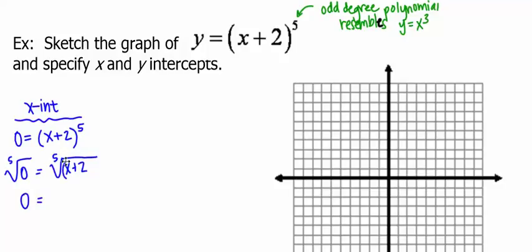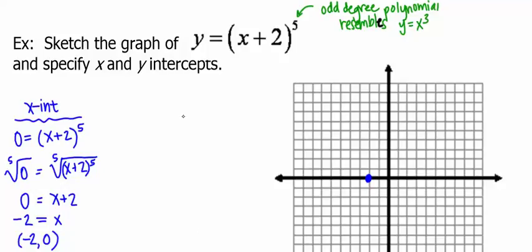The 5th root of x plus 2 to the 5th is just x plus 2. If I take the 5th root of one side of the equation, I have to take the 5th root of the other side of the equation. This allows me to solve x equals negative 2. So we come over here. There's my x-intercept of negative 2, 0.